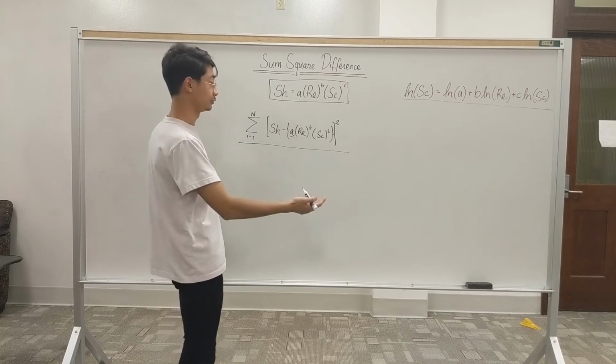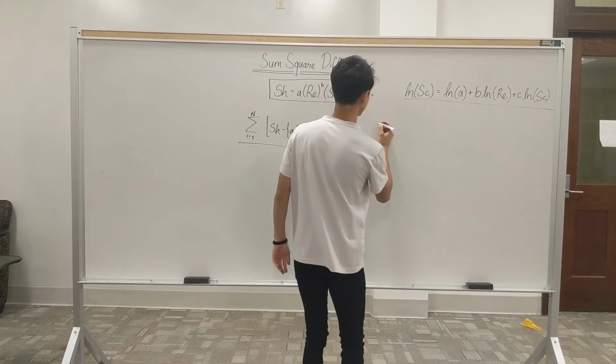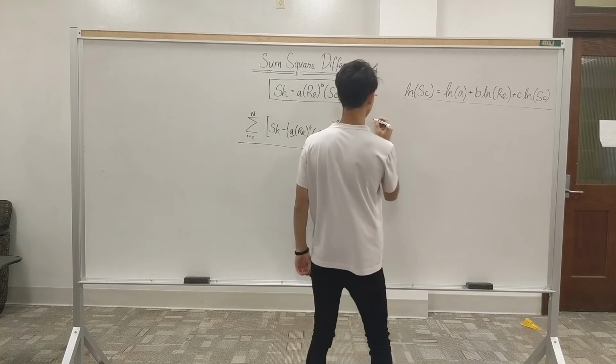So if we're trying to do that, the sum square difference would look something like this.